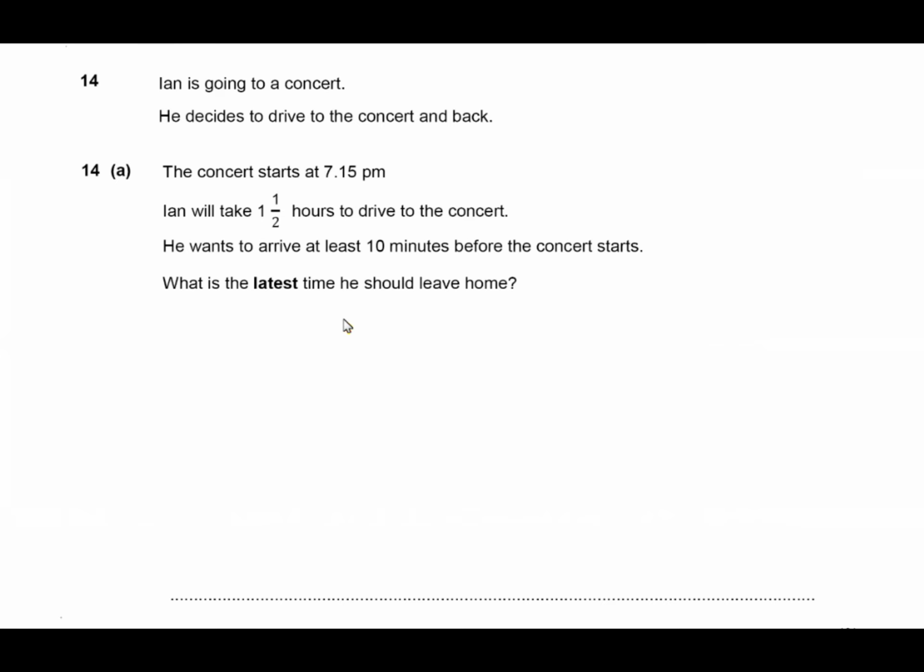So, question 14. Ian is going to a concert and he decides to drive to the concert and back. The concert starts at 7:15. Ian will take 1.5 hours to drive to the concert and then he wants to arrive there at least 10 minutes before the start. What's the latest time he should leave home? So we can use our step through time method to solve this. So his start time is 7:15. And we need to take off an hour and a half. So let's take off the hour first.